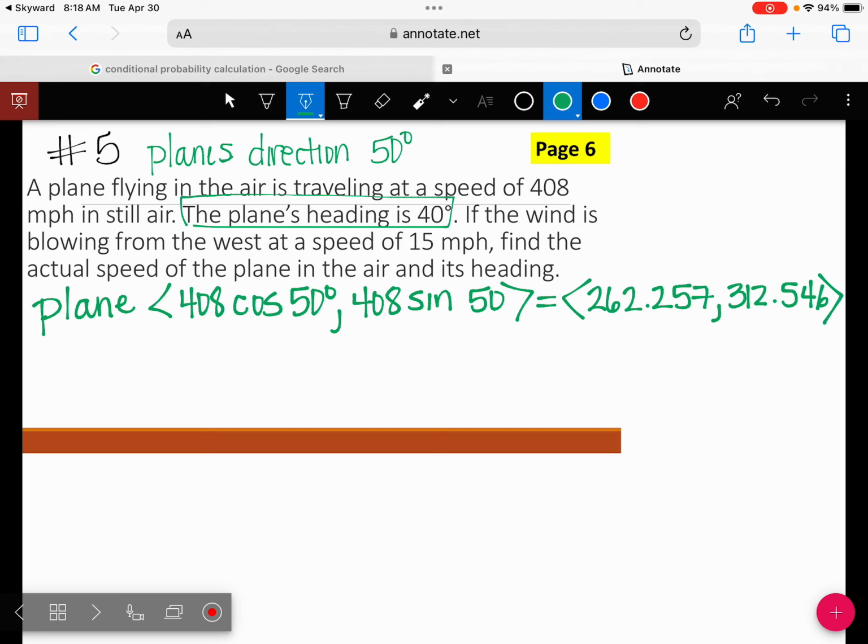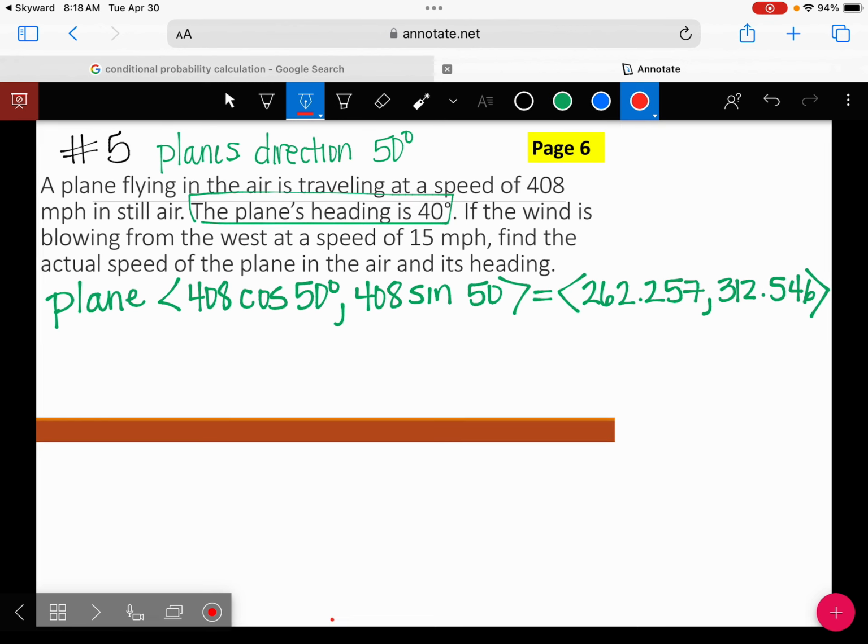Okay, so that's the plane. So that's my vector for the plane. Then we have the wind. The wind is blowing from the west. So it's blowing from the west. I want you to underline that.